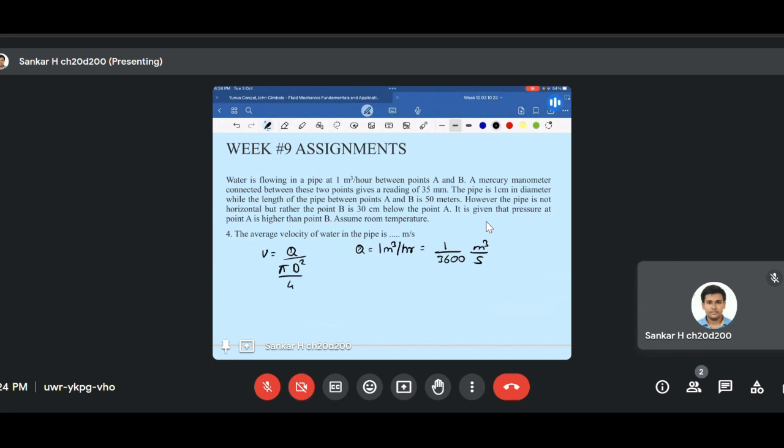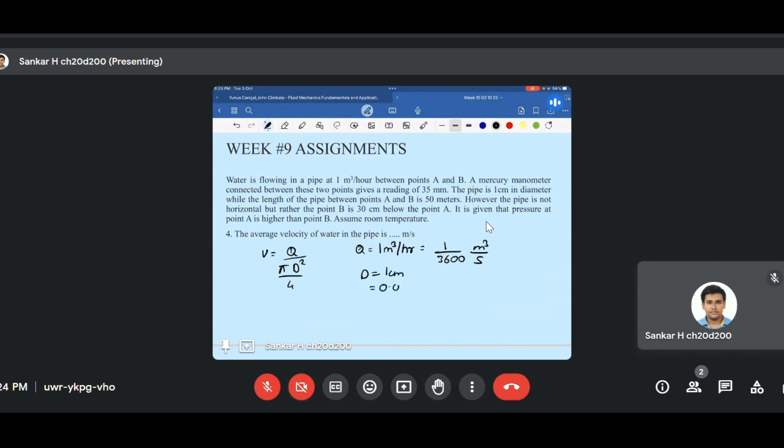And the diameter is 0.01 meter, which is given here as 1 centimeter.